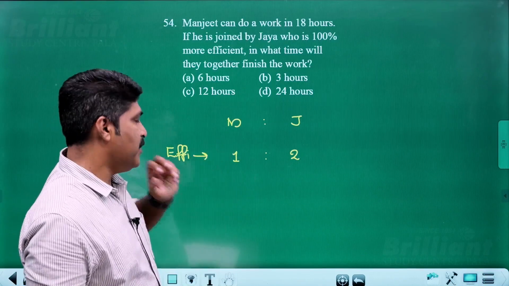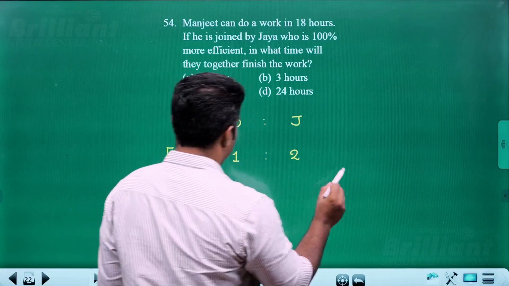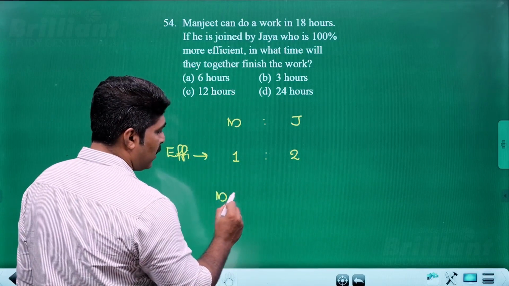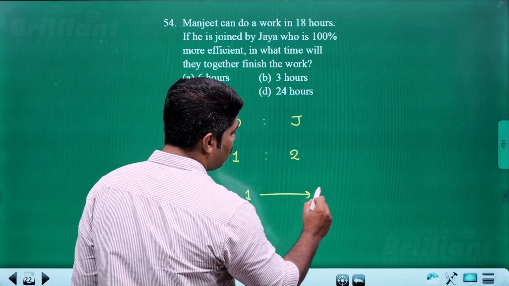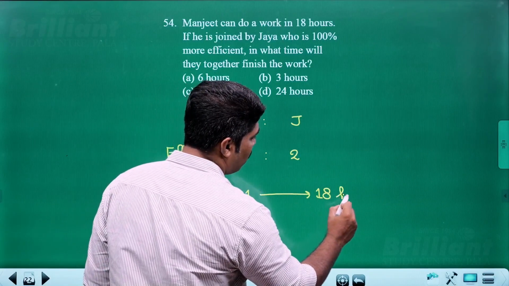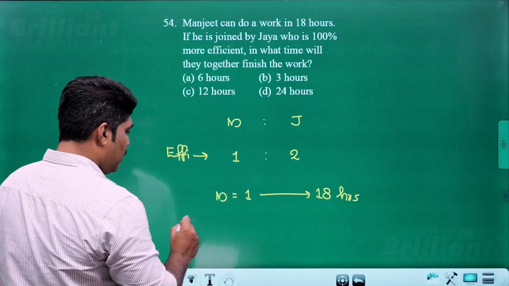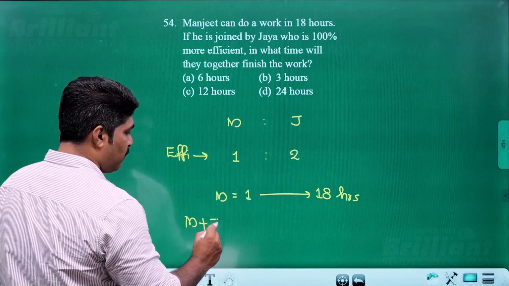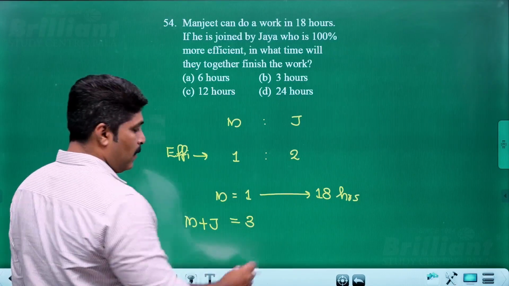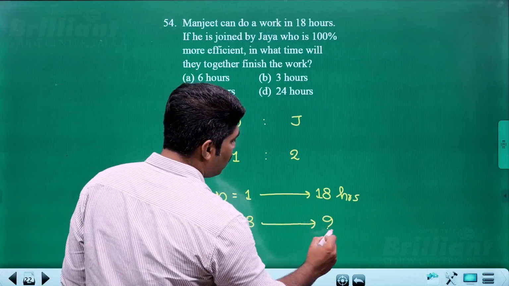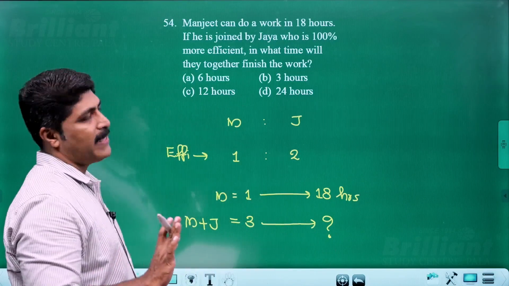So Manjit's efficiency is 1 unit. Manjit can do the work in 18 hours. Then Manjit plus Jaya together, their efficiency is 1 plus 2, that is 3. So then how many hours do they together require? That's a simple approach.